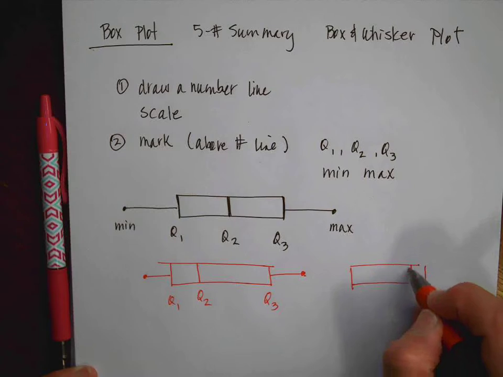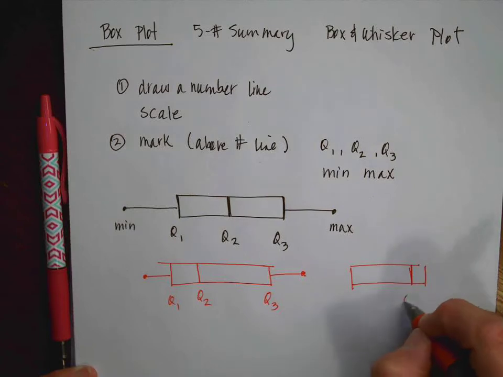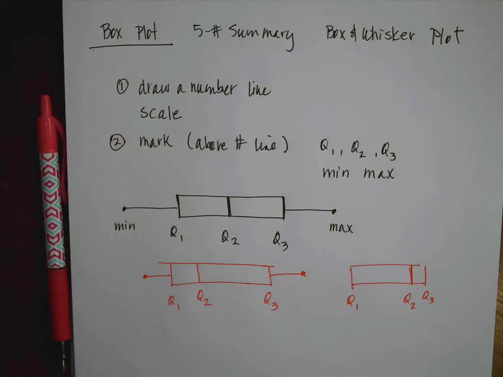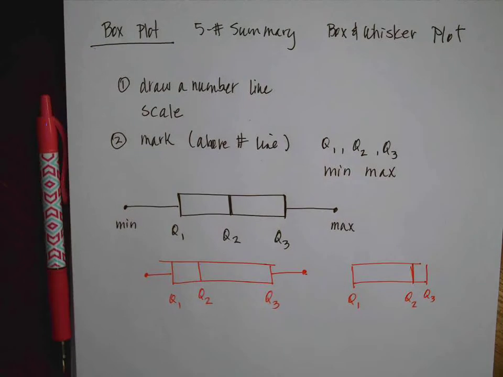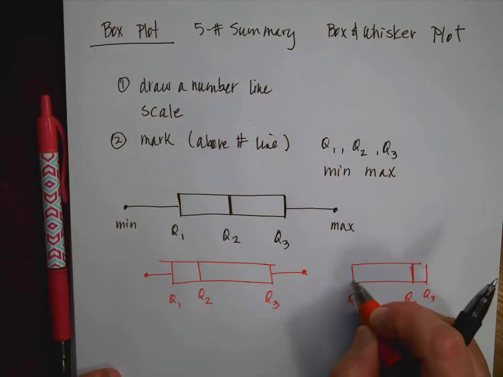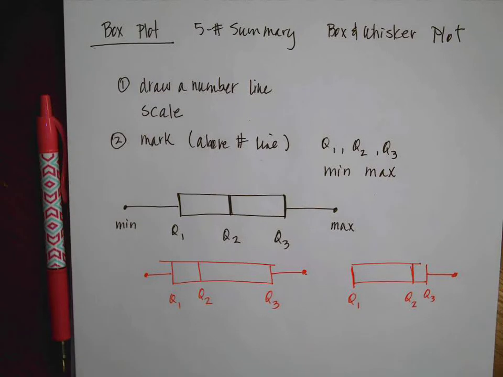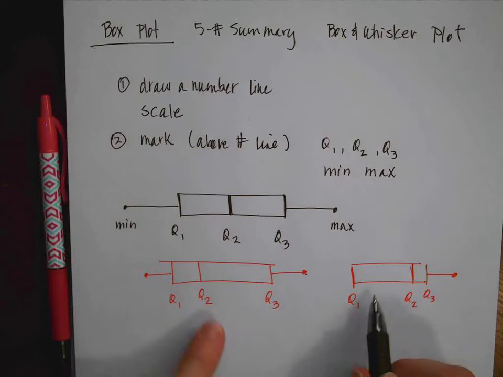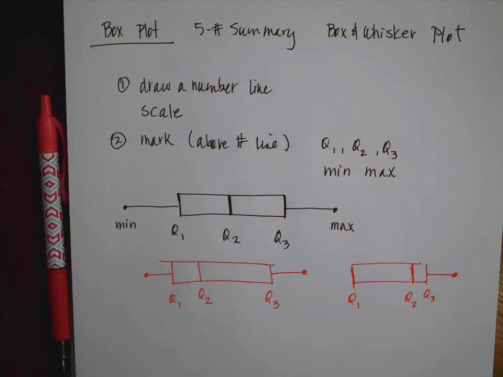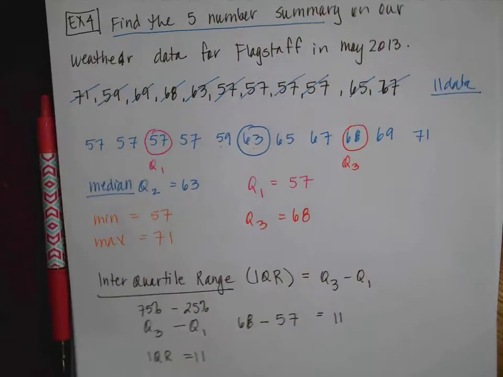Or I could have a different box and whisker plot, and maybe my Q2 is way over there, and then we would start talking about skewed data, okay? Maybe I have my Q1 and my minimum are the same, and then I have my maximum at the top. So there's lots of different ways that a box plot can look, and it's just a nice visual representation of the data that we've already done.